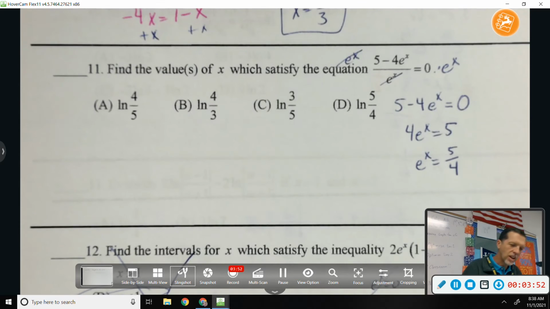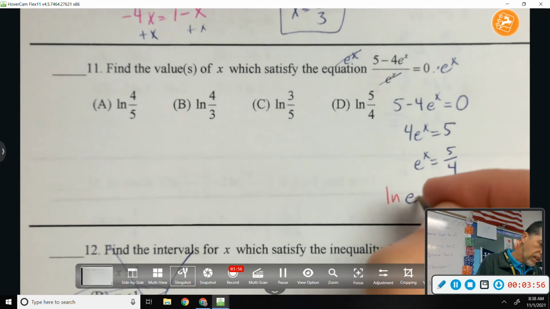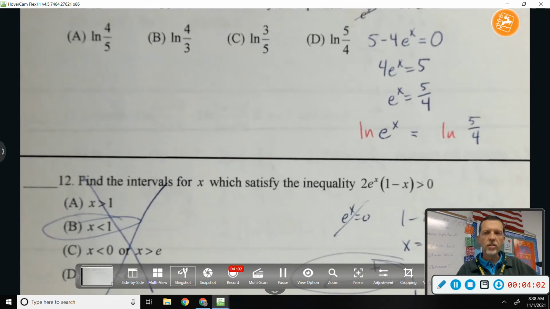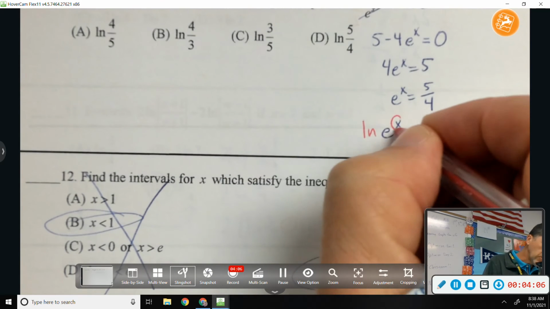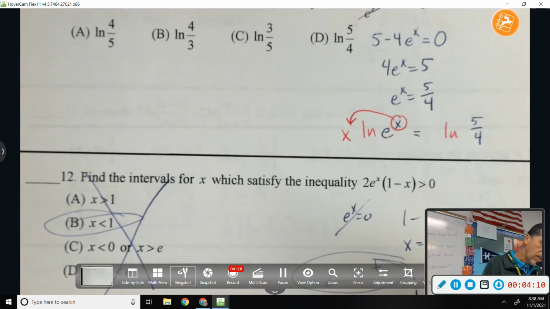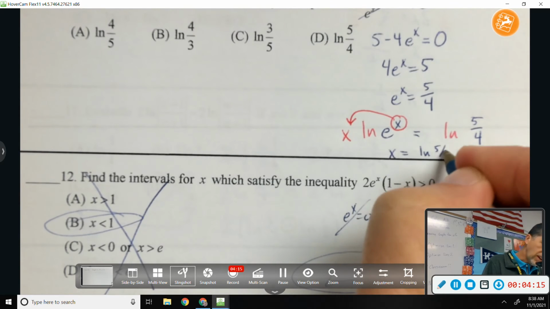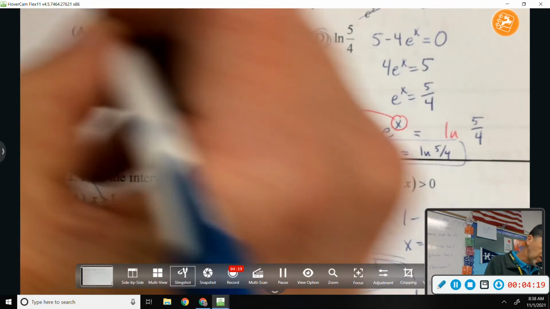Natural log both sides. And yes, natural log of e cancels, but what do we do before that? What was the whole point of natural logging both sides was to get that x out of the exponent. Natural log of e is 1. So x is the natural log of 5/4, which is D.